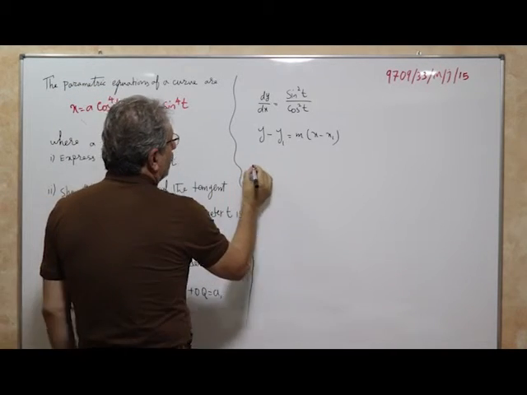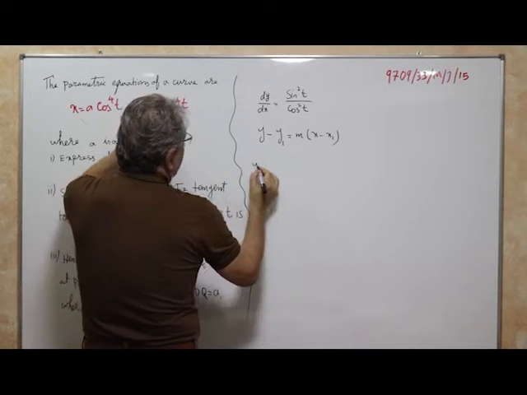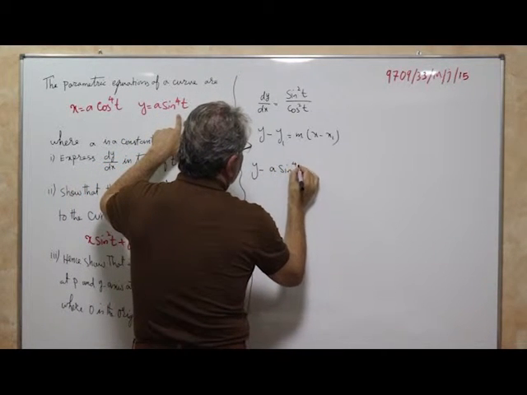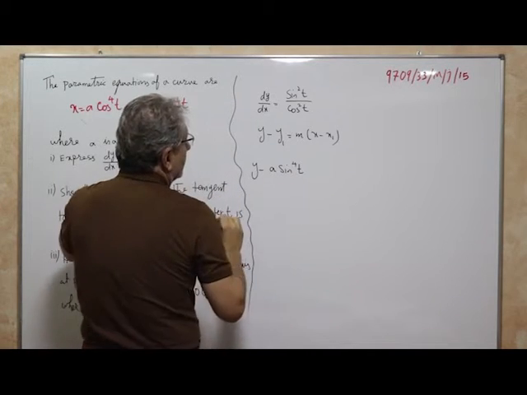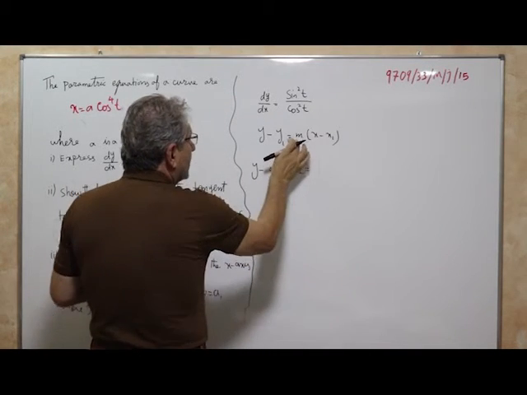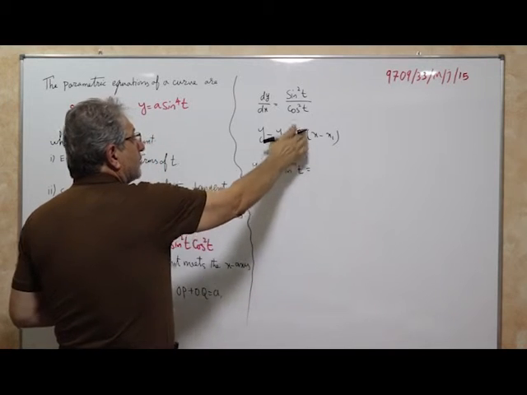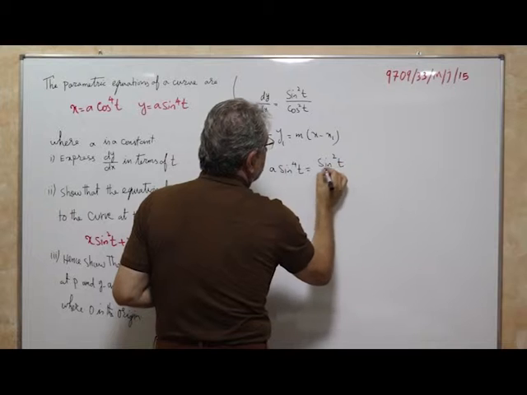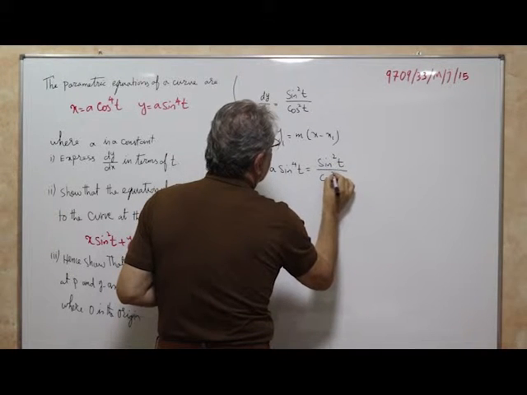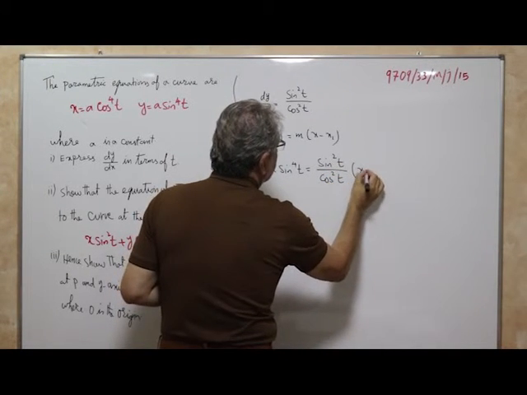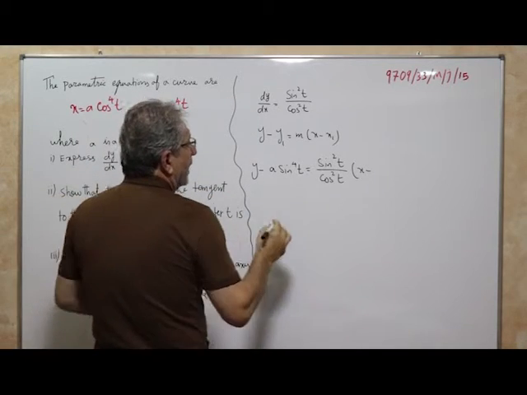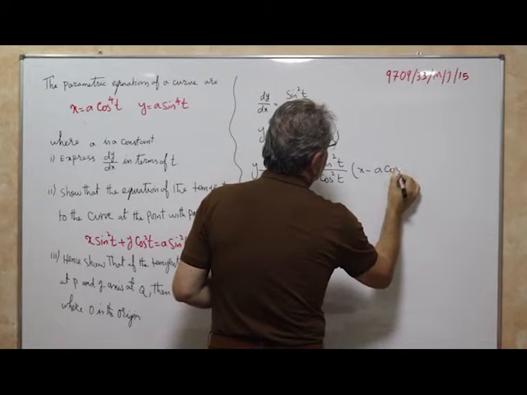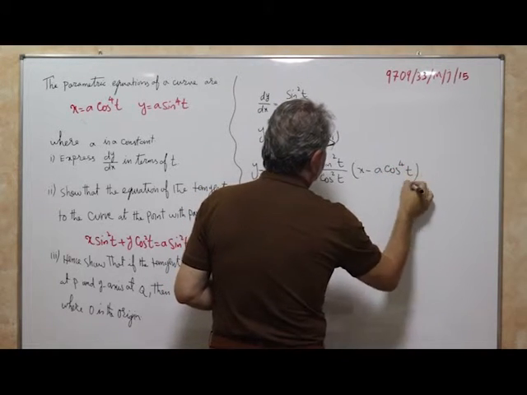Therefore, I can write y minus a sine to the power of 4t is equal to m, the gradient of the curve, which is sine squared t divided by cos squared t, times x minus x1, which is a cos to the power of 4t.